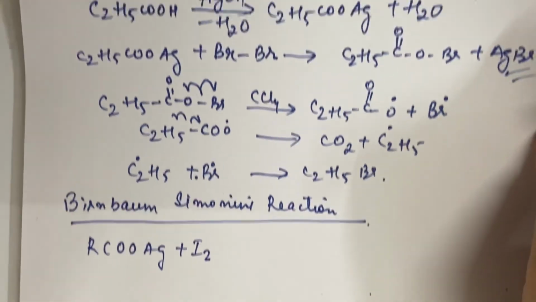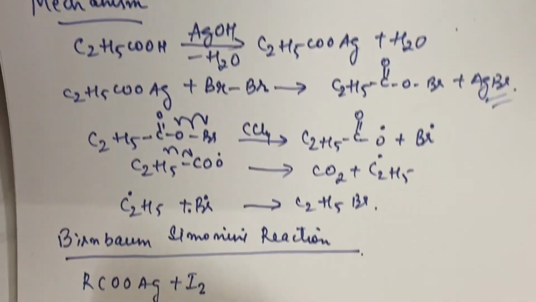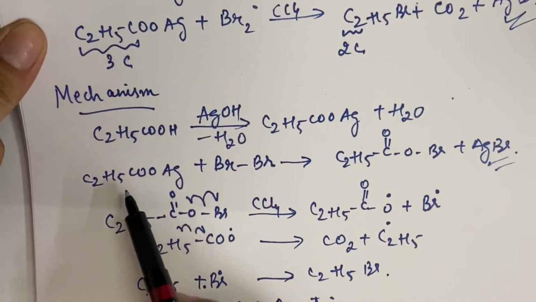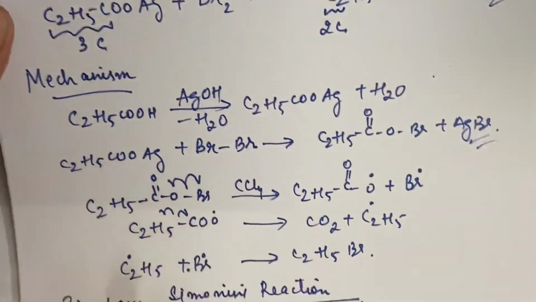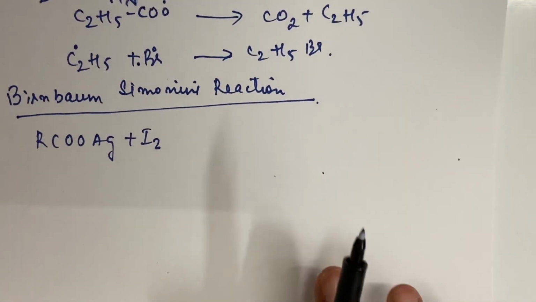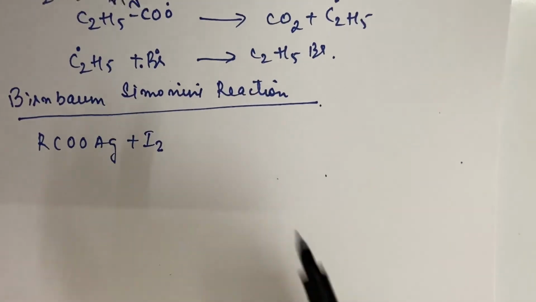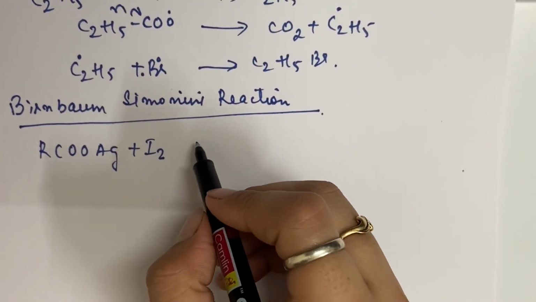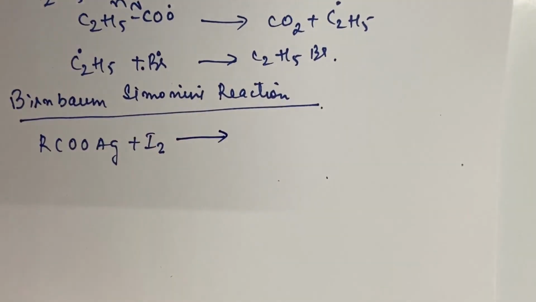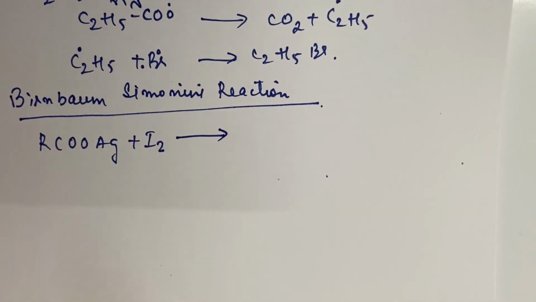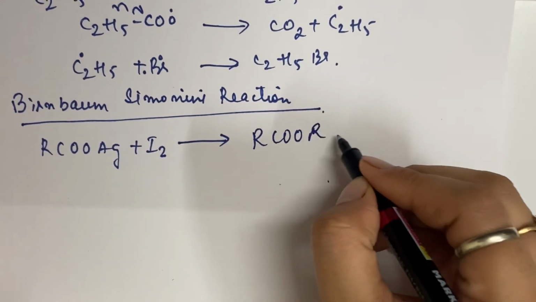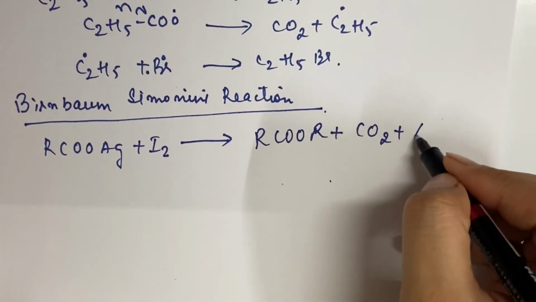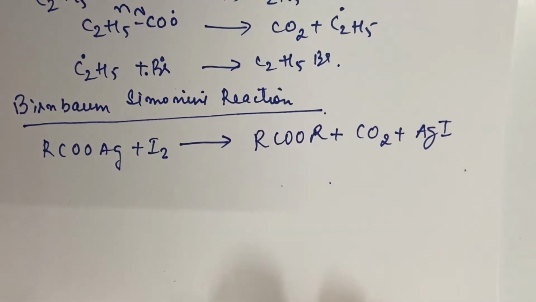If you can see, here RCOOAg with I2, and the earlier C2H5COOAg with Br2, these two reactions are looking similar. That is why I am telling you about this reaction. This reaction will not follow the Hunsdiecker reaction. If you want to make bromide, then you can only use the Hunsdiecker reaction. This reaction will follow something else. So in this reaction, what will happen? It will give you the product RCOOR and carbon dioxide and AgI. So this will be your desired product in this type of reaction.